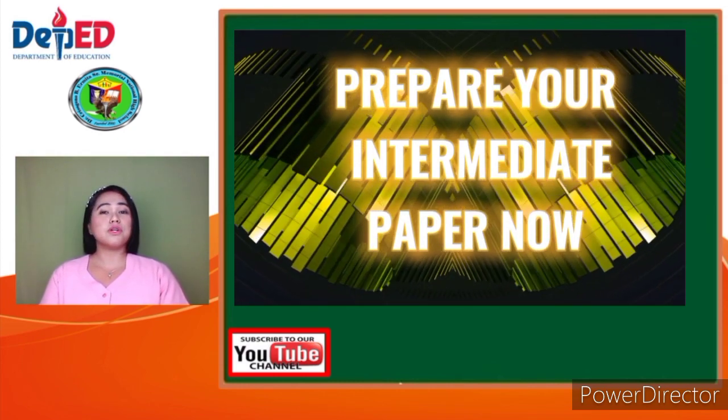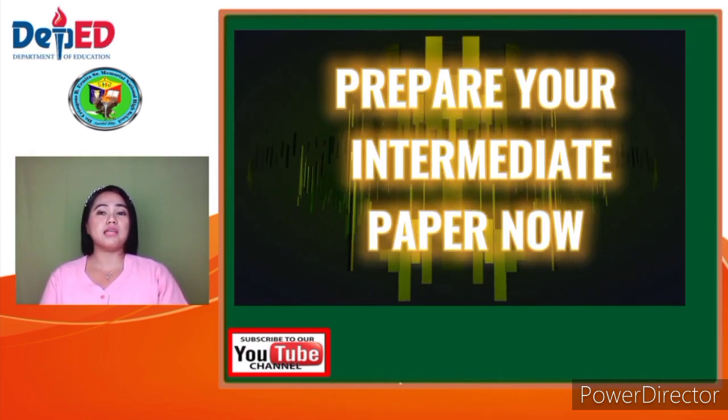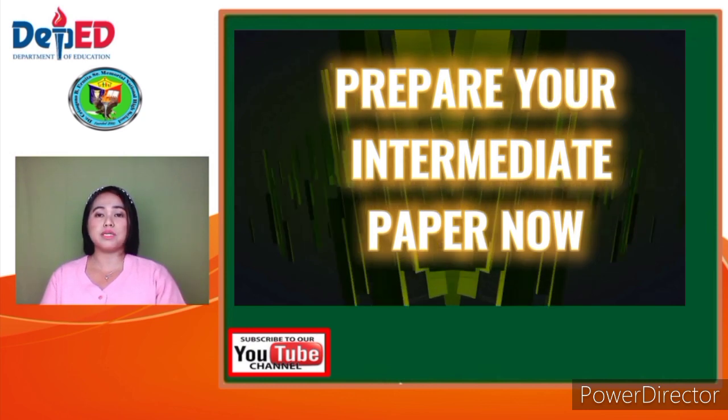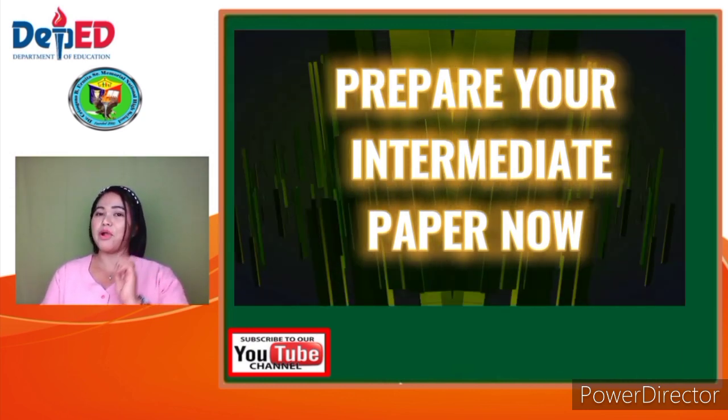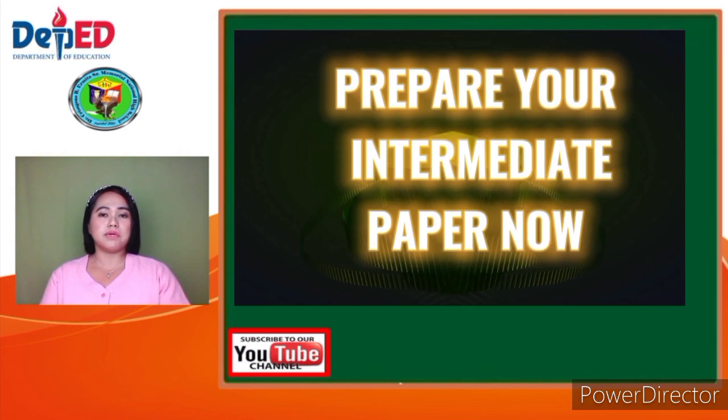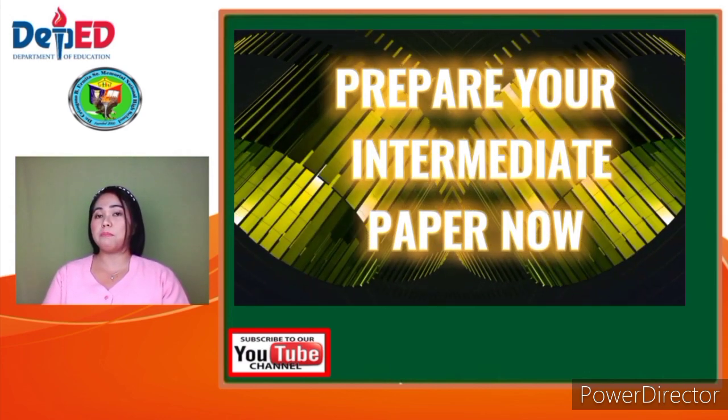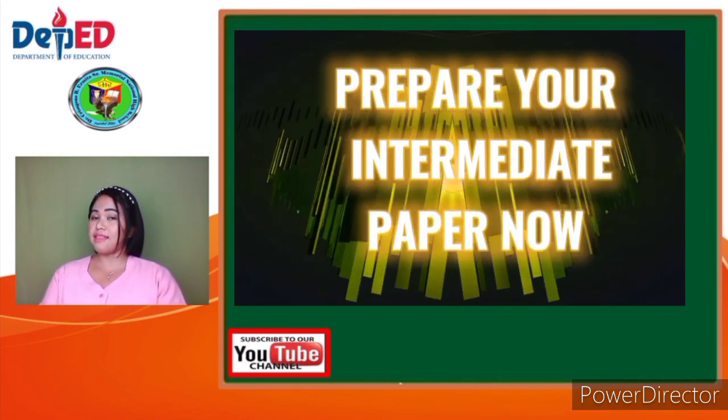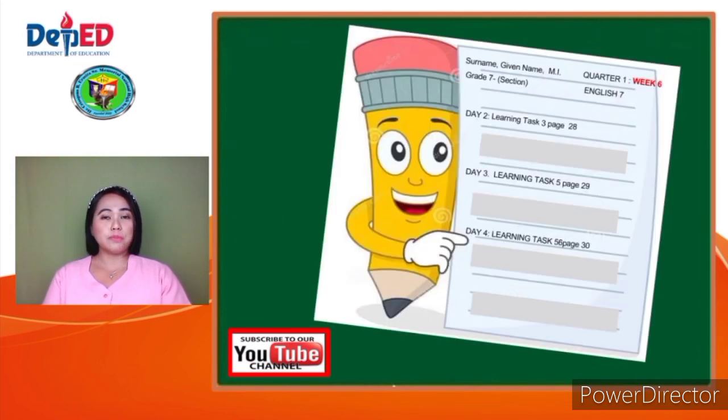Now, I'm sure you are ready to accomplish the outputs to be submitted for week 6, but remember, you have to make your intermediate paper presentable with complete details. Don't forget to write your surname, given name, and your middle initial with your grade level and section, quarter 1, week 6, and the subject, which is English 7.